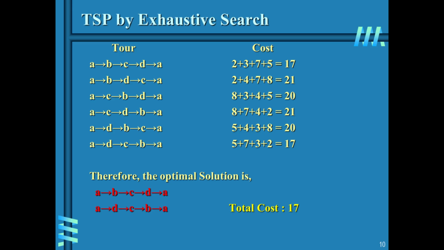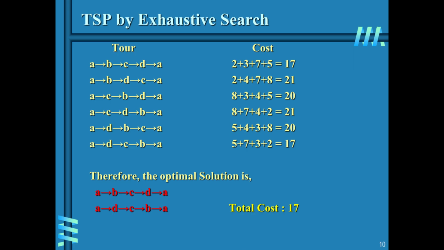The fifth possible way is A to D, D to B, B to C, and C to A. Here the total cost is 20. Finally, the last possible way is A to D, D to C, C to B, and B to A. So the total cost is 17. So when I take A as the starting city, I get 6 possible ways.